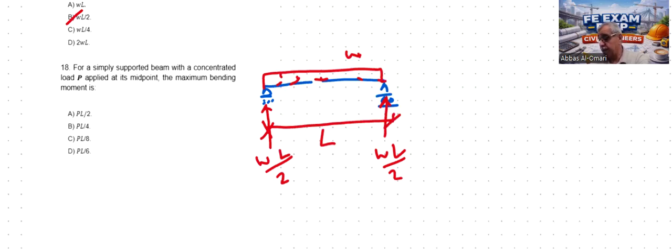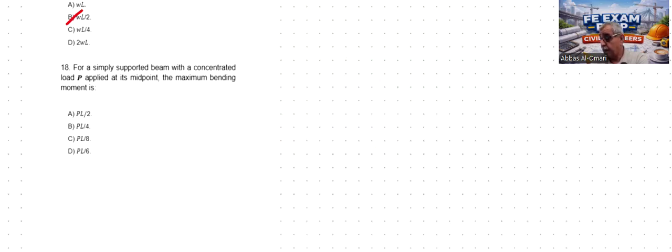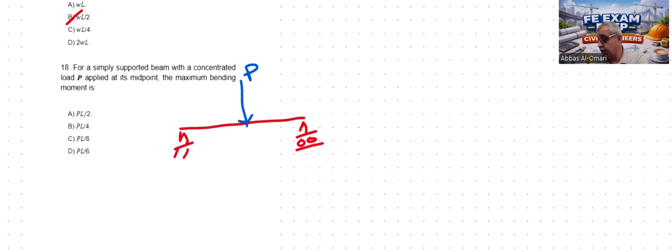This is a simply supported beam, and it is loaded with a concentrated load P at L over 2. The span is L, and this is L over 2.